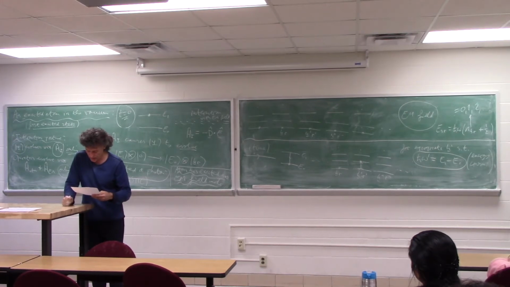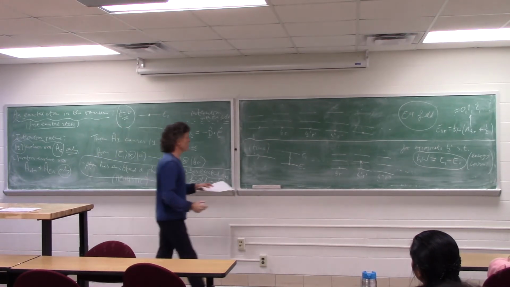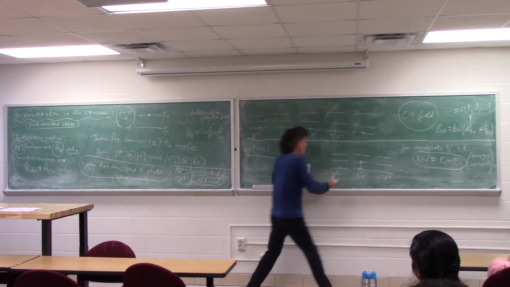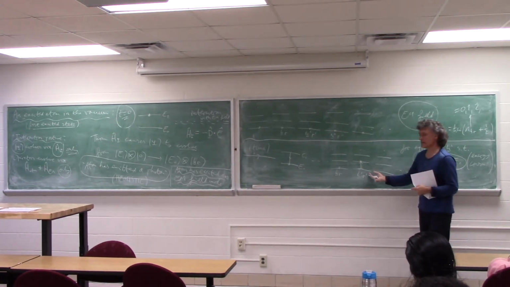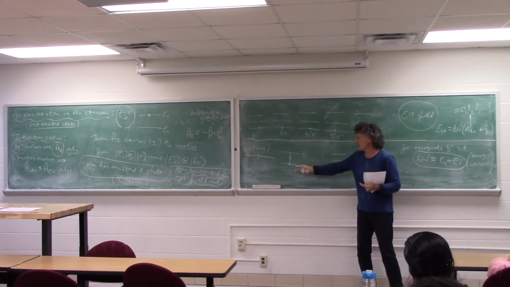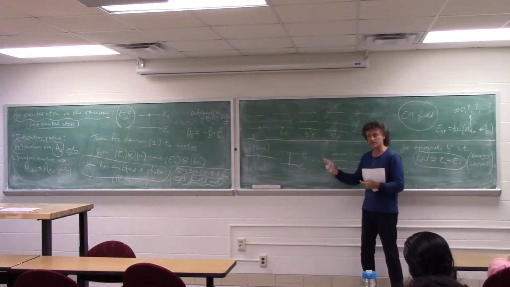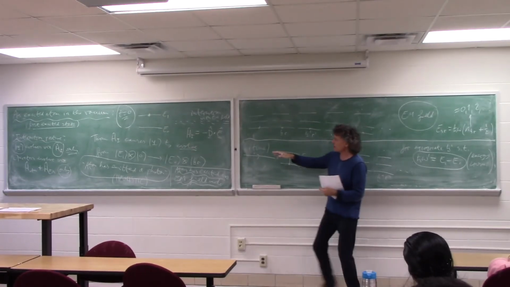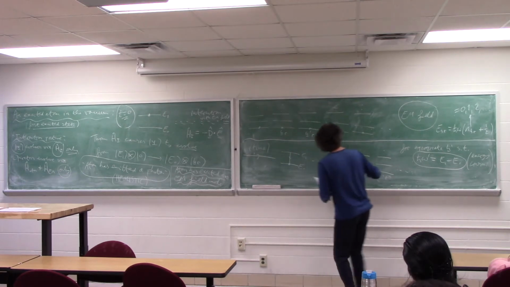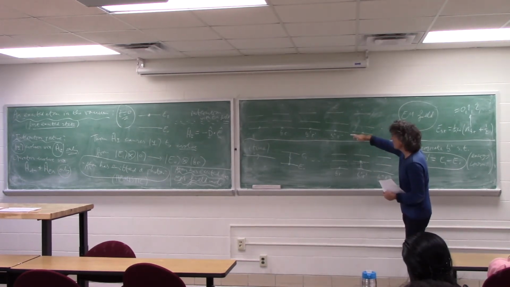This process could go the other way. I could have a situation where one of the modes of the electromagnetic field is excited, in other words, there's a photon present, and the atom is in the ground state. These two interact, and it goes back the other way. The atom becomes excited, and this mode drops into the ground state.